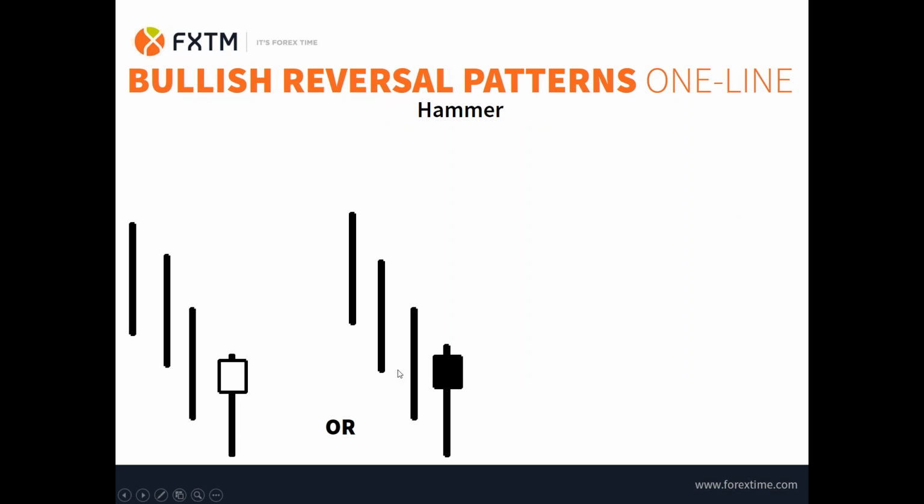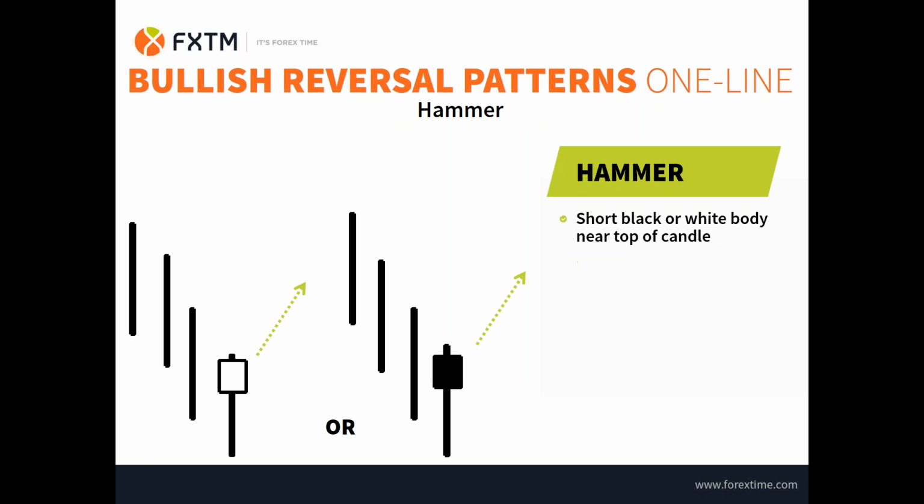Long wide body, then the very famous hammer. Again, hammer is a bullish pattern found at the end of a decline. And the specifications, if you like, of a hammer: it's a short body. The color is not really important. It might be either white or black.